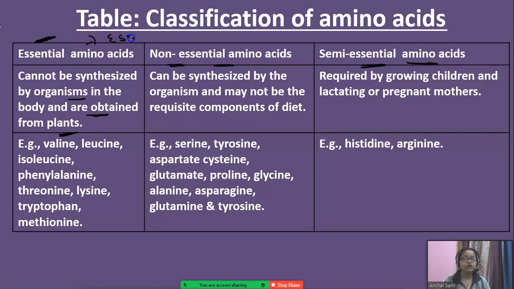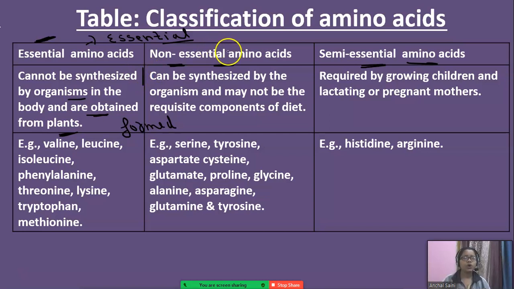If they are essential to us, that clearly means that they cannot be synthesized or formed in our body. So how can we obtain them? We can obtain them from the plants. So essential amino acids, I hope you understood.